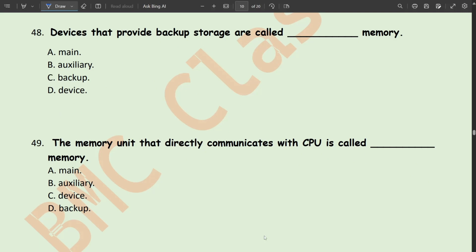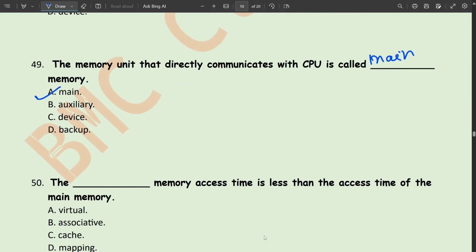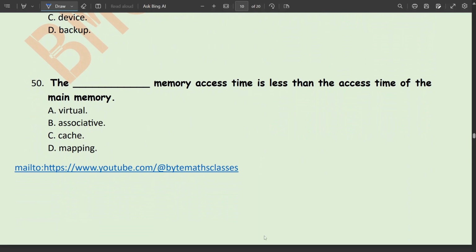The answer will be option number B, auxiliary. Next, the memory unit that directly communicates with the CPU is called main memory. Next, the memory whose access time is less than the access time of main memory is cache. Option number C is correct.